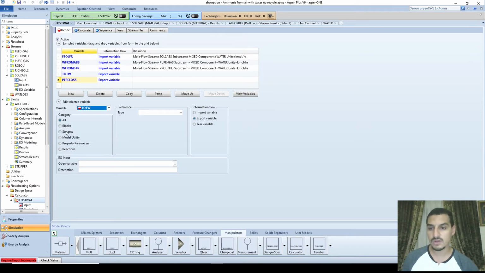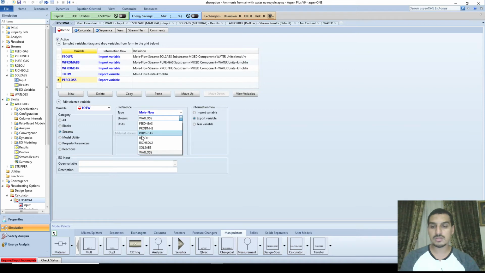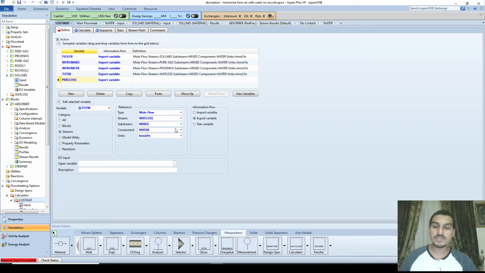For the total water flow, I'm gonna make it a stream variable, and this is gonna be mole flow for the stream called water loss, and this is gonna be water. By doing this, I'm telling the software that the sum of the water in the two streams coming from the absorber and stripper is gonna be equal to the water flow rate in the stream called water loss.